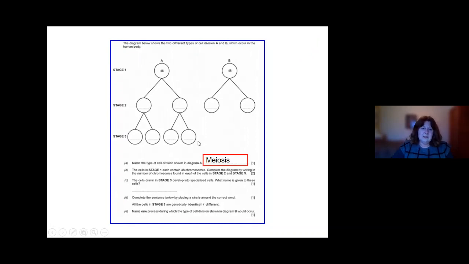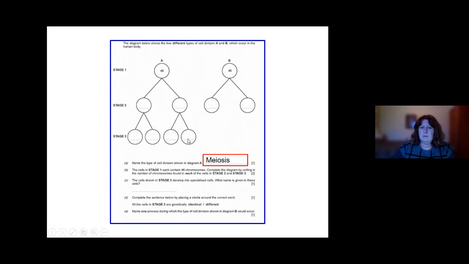Okay, so that is the type of cell division occurring there. The cells in stage 1, it says, contain 46 chromosomes. Complete the diagram by writing in the number of chromosomes found in each of the cells in stage 2 and 3. Now, if you've worked out that this is meiosis here, you will know that these cells in stage 3 are now our haploid gametes.